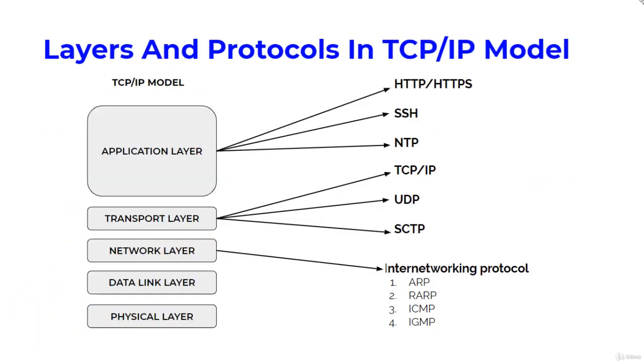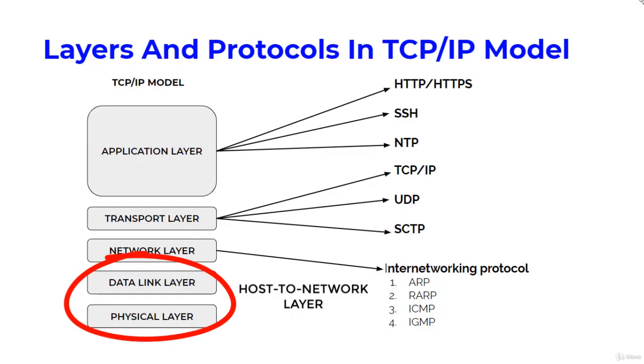So, let's have a look at the TCP/IP model. In the picture, you can see that I have shown 5 layers, but 4 layers are also used interchangeably. The data link layer and the physical layer together are known as host to network layer.